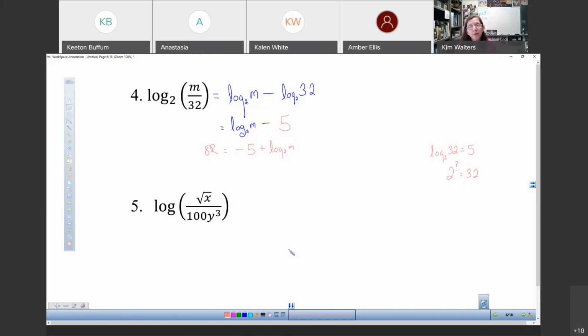Okay, so for number 5, I'm going to give you guys just a minute. I'm not going to ask you to type anything into it, but I am going to give you just a couple of minutes to see if you can take the first step in expansion here. This is a multi-step process on this one because I've got several things going on. So see if you can first split it apart into the difference of 2 logarithms.